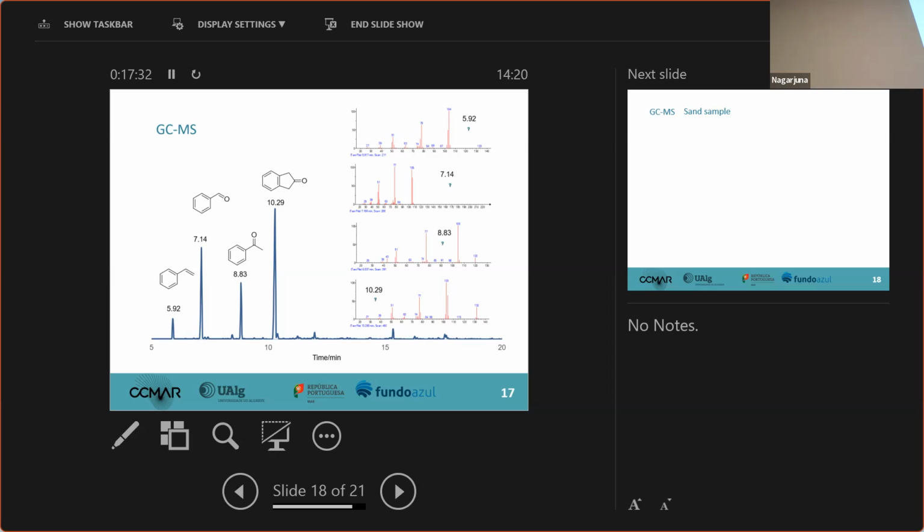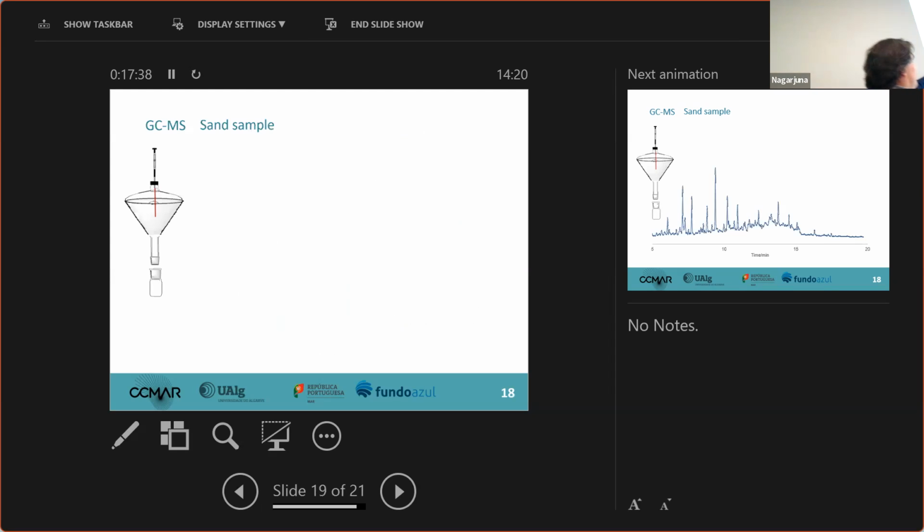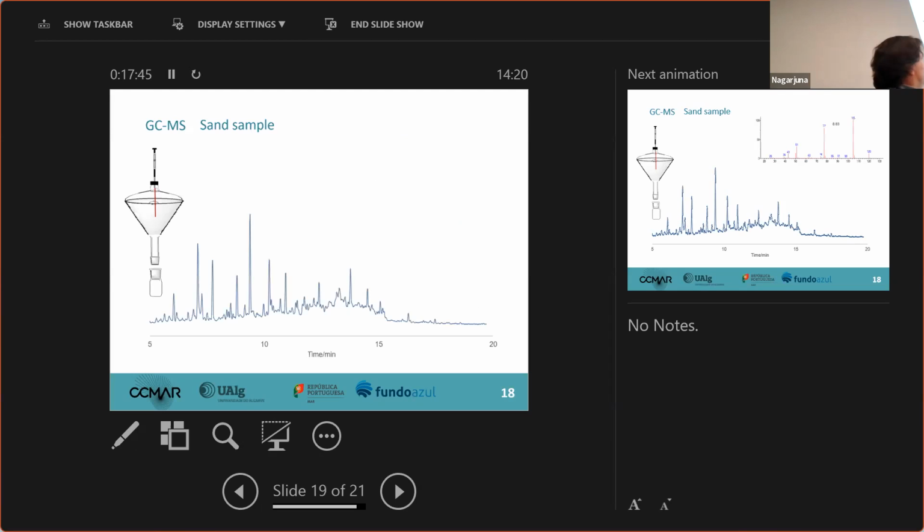But we want to analyze solid samples. Okay, so what we can do is to put sand in here and heat the system. And what we get is this complex profile with many peaks. Okay.